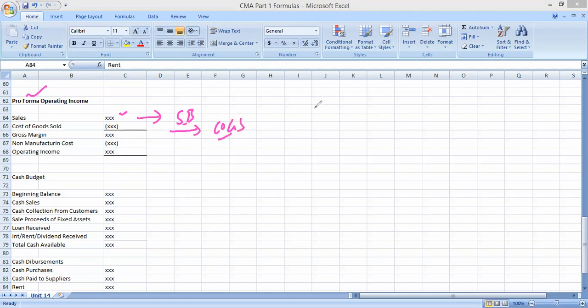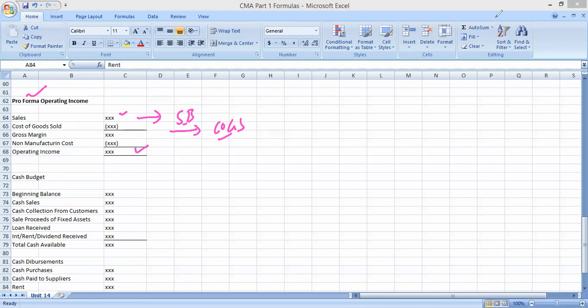We did not include the cost of goods sold budget because we already made another video for the cost of goods sold. Also for unit number one, you will use the same formula even if you are calculating the budgeted cost of goods sold. Once you subtract this, you get the gross margin. Further, you subtract the non-manufacturing costs, and you will have the operating income.